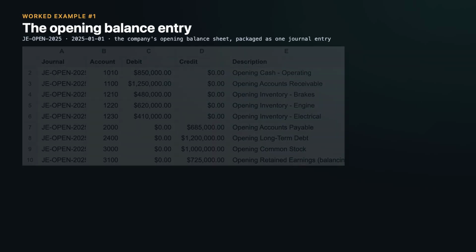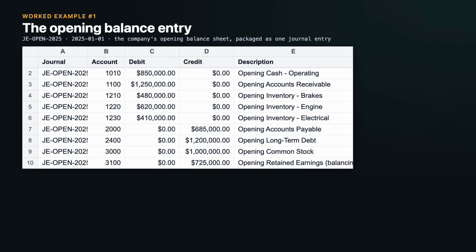Let's read a real journal entry. The first one in fiscal 2025 is the opening balance sheet for Atlas Parts, posted on January 1st. About 24 rows in a single entry. Cash, $850,000 debit. Accounts receivable, $1.25 million debit.